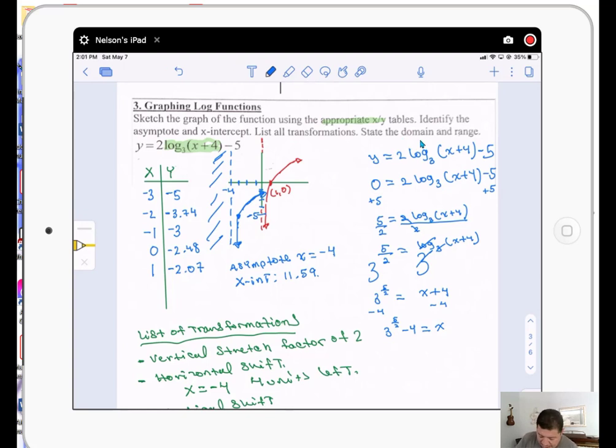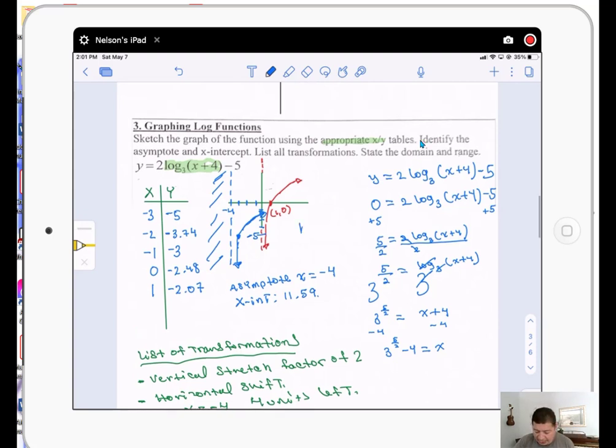Okay, so the range, let's start with that one first. Range is up and down, so the range is going to go from negative infinity to positive infinity. The domain is going to be from -4 all the way up to positive infinity, right? Now, I'm using a parenthesis, so that means that the -4 is not included.